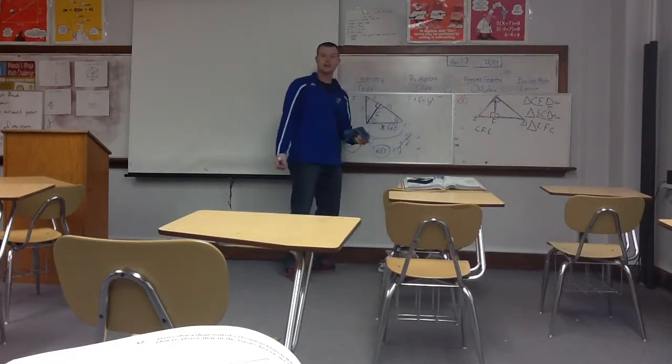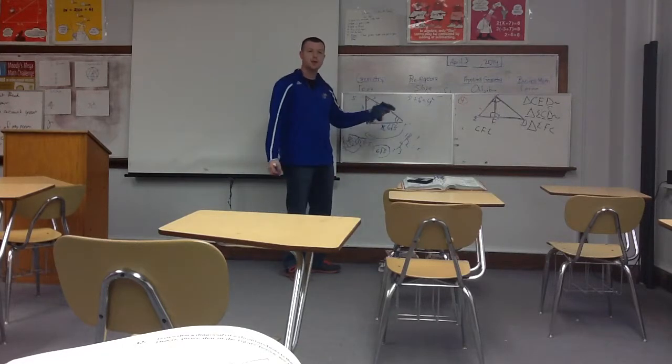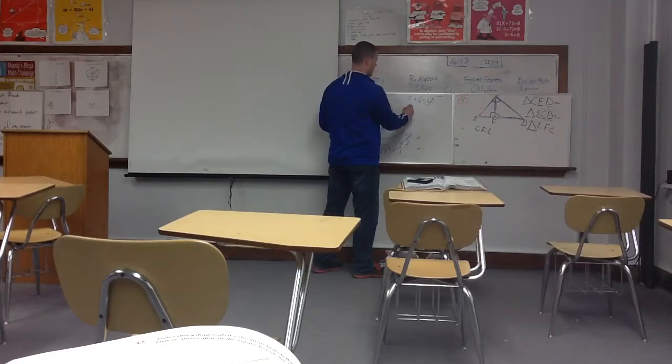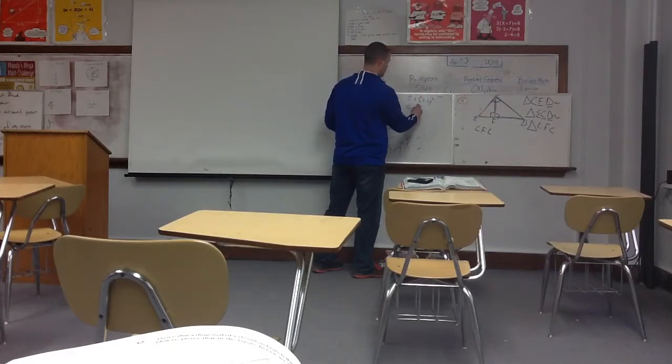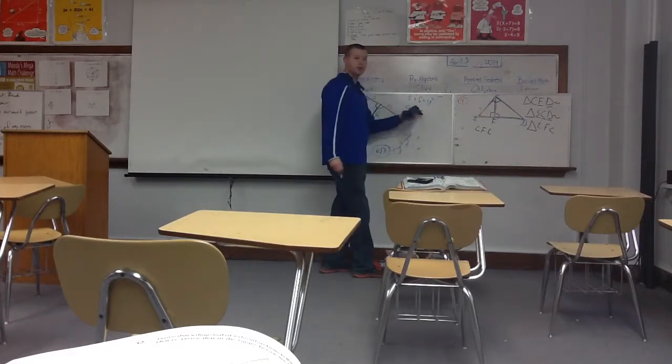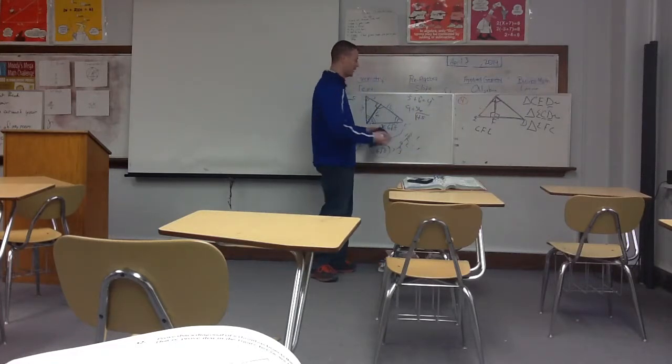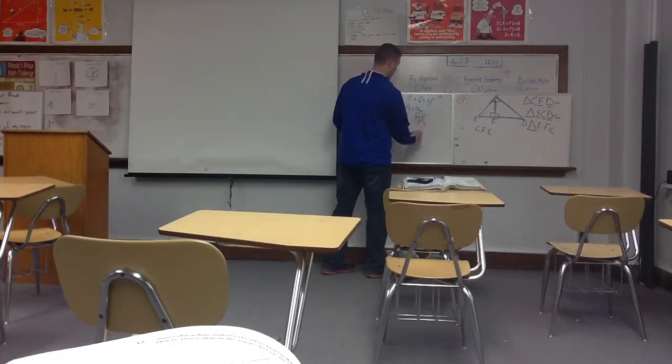Or you could say c. I actually used c instead of z on the last one, but either way works. So, 3 squared is 9 plus 6 squared, which is 36. 9 plus 36 is 45. So it's the square root of 45. Now let's break that down. So that's 9 and 5.